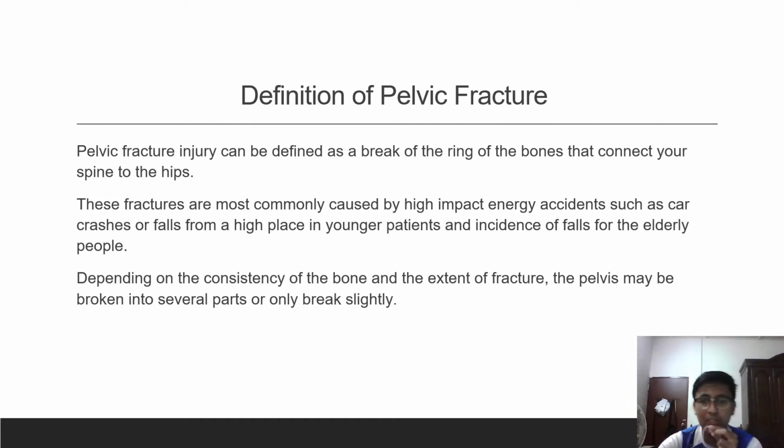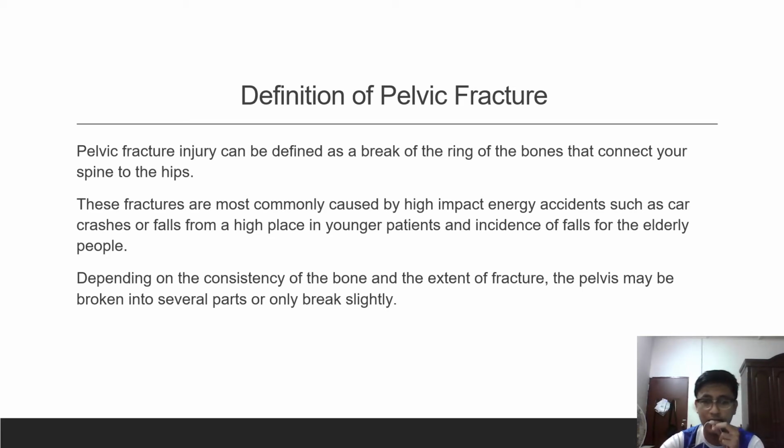Definition of pelvic fracture. What is a pelvic fracture? Pelvic fracture injury can be defined as a break of the ring of the bones that connect your spine to the hips.